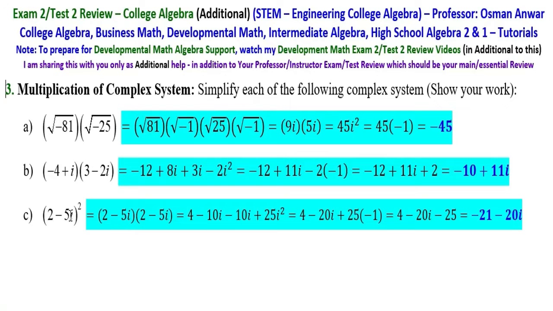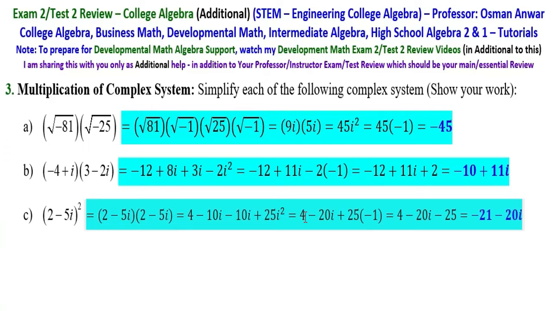C is 2 minus 5i squared. So this is 2 minus 5i times 2 minus 5i. 2 times 2 is 4. 2 times minus 5i is minus 10i. Minus 5i times 2 is minus 10i. 5i times 5i is 25i squared.